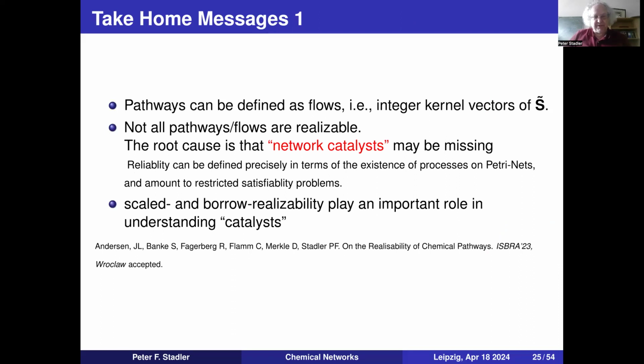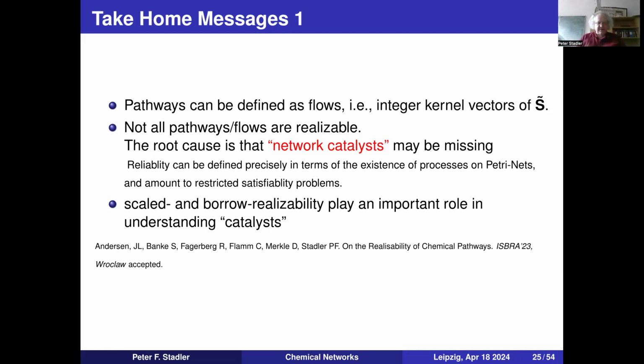Let's just jump over this stuff here. So this summarizes this part a little bit. Pathways that we can define as flows is one thing, but not all these pathways or flows can actually be realized in terms of reactions actually firing, so all the logical conditions for a reaction to run being satisfied.